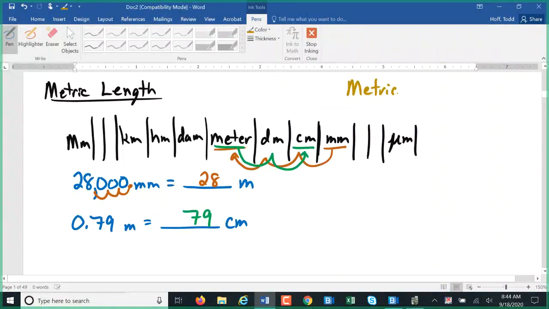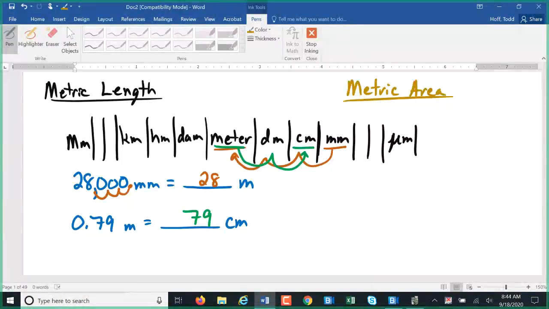For metric area, remember with our standard area, it was the length conversion factor squared. Well, for metric lengths, that conversion factor is always 10. So if we square a 10, we get 100.